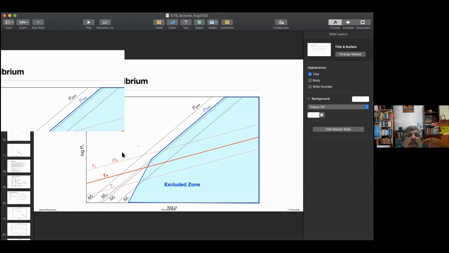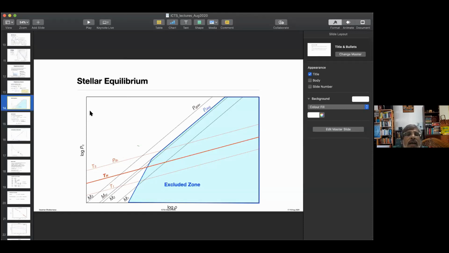Because all stars are born as globes of gas which are very dilute. They're collapsing from a dilute globe of gas, which is self-gravitating, so therefore it contracts and then keeps contracting as radiation takes away energy from it.